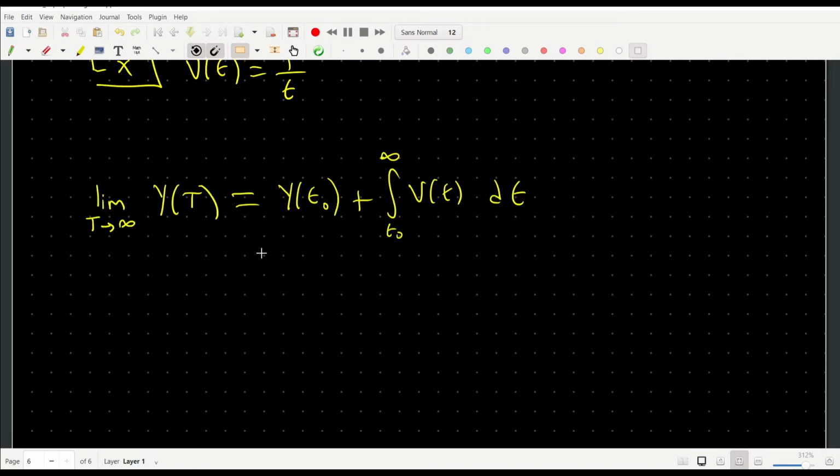For this case, we aren't as lucky, and we're going to see something very important here. So this is going to be 5 plus the limit as b goes to infinity of the integral from 1 to b of 1 over t dt.